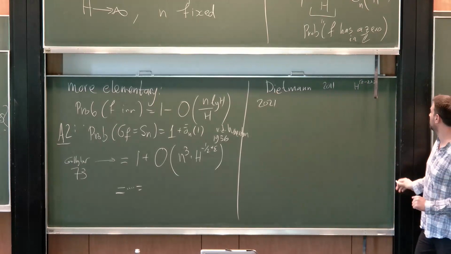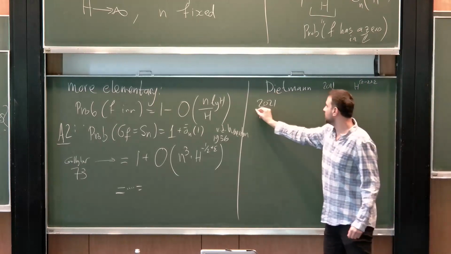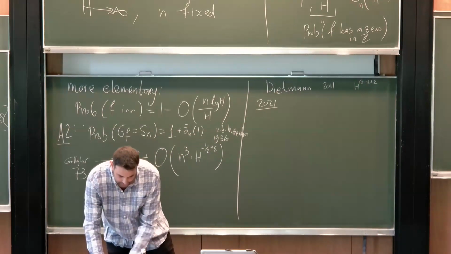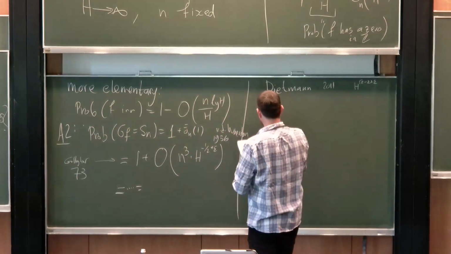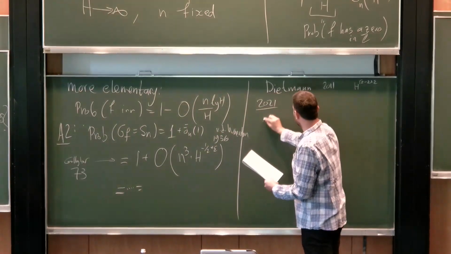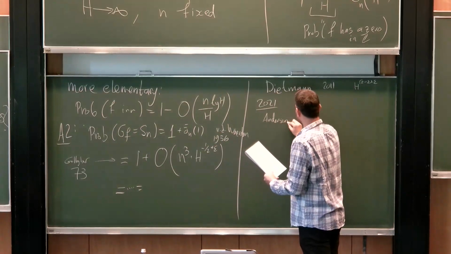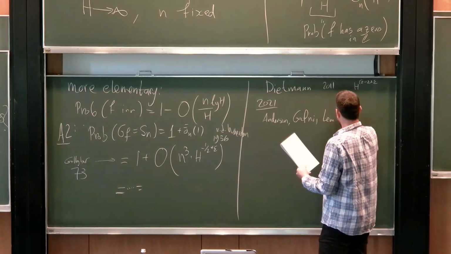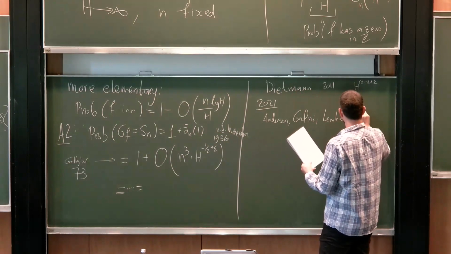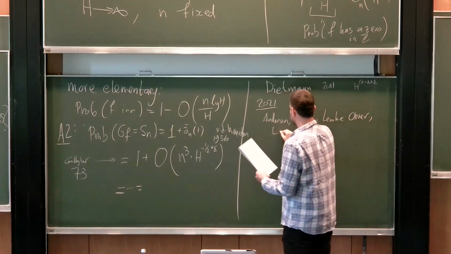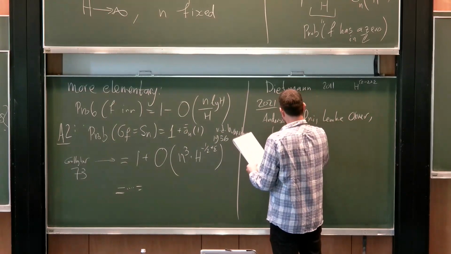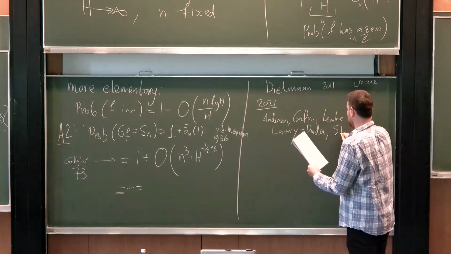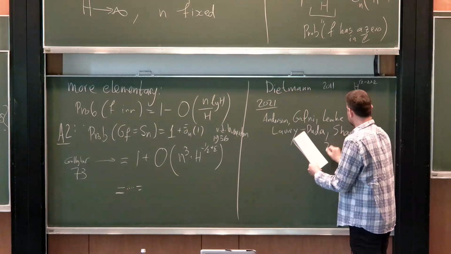I need to do it in my head, but in 2021 there were a bunch of results. I wrote the names because the first result was from a project that a group of people worked on. So first it was Anderson. This is a paper by Anderson, Gaffney, Lemke, Oliver, Laurie, Shankar and Zhang.